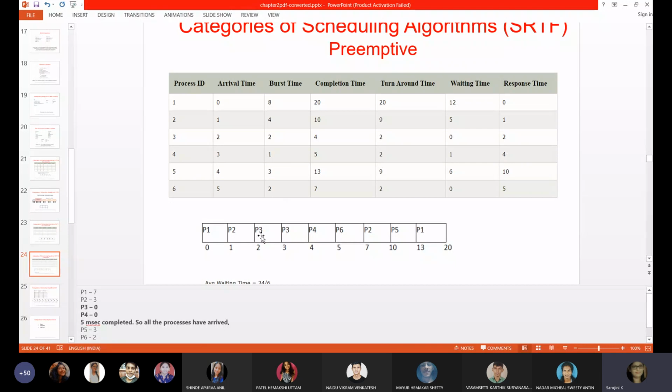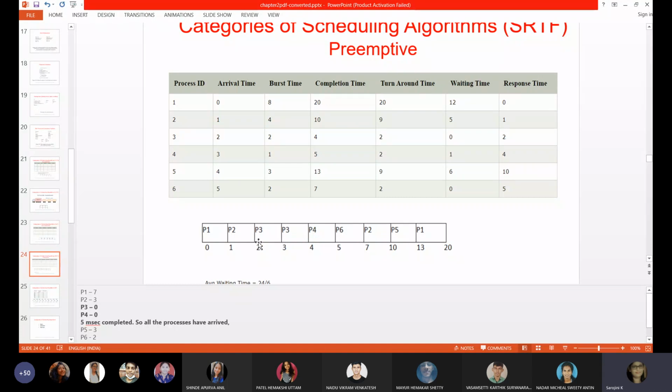Now P3 arrived at 2 milliseconds and started its execution in the 2nd millisecond itself. What is the CPU burst time of P3? It is just 2 milliseconds. So when P3 completes 1 millisecond, I said after every millisecond you have to check.